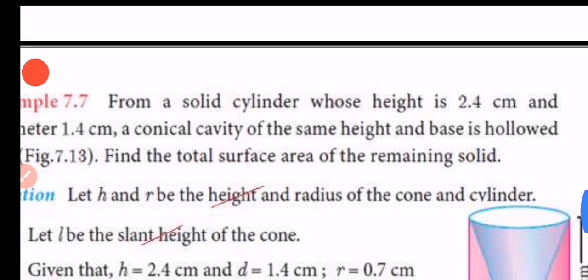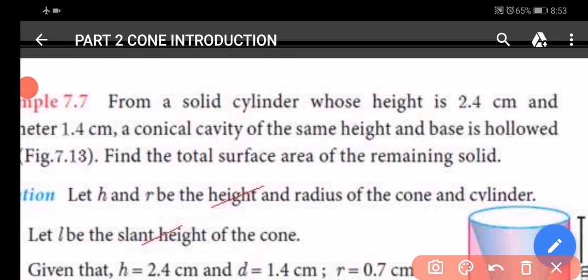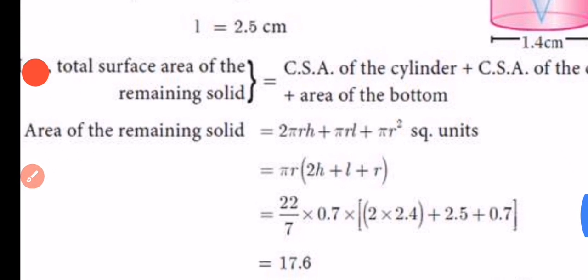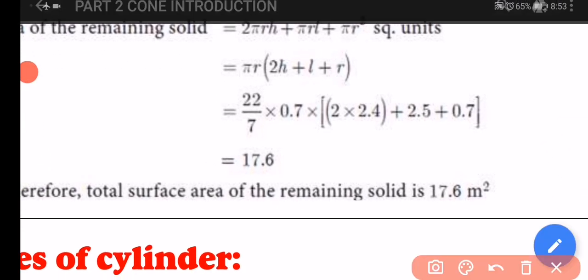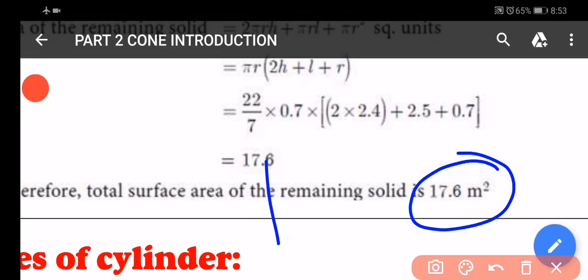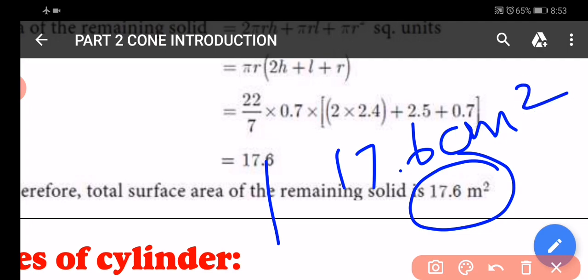Here is one mistake in our book. In the sum, height is in centimeter and diameter is also in centimeter. So the answer must be in centimeter. Here meter square is written, so we write 17.6 centimeter square.